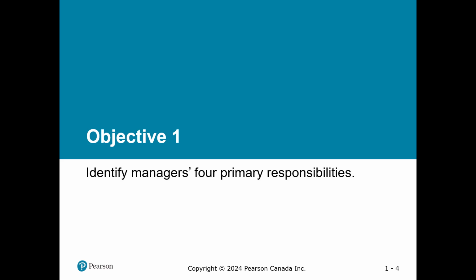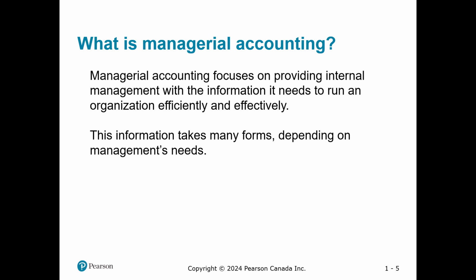Let's get started. Learning objective 1, identify managers' 4 primary responsibilities, but we can't do that unless we know what managerial accounting is. So what is managerial accounting? Unlike financial accounting, which is all about reporting to external users, because they don't work for the company and don't know anything, so we've got to tell them everything, in managerial accounting we're going to the internal management and giving them information that they need to run the company, to do a good job and meet their organizational goals.